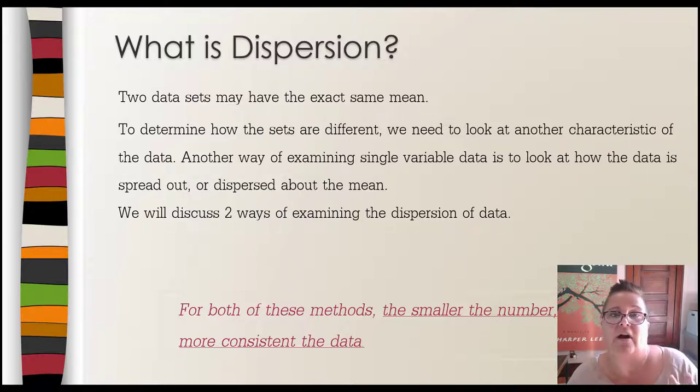That is, how far each data point is from the mean of that group and how far each data point is from each other. To do that, we use two different ideas of dispersion. In both of these ideas, the smaller that number is, the more consistent or close together our data is.